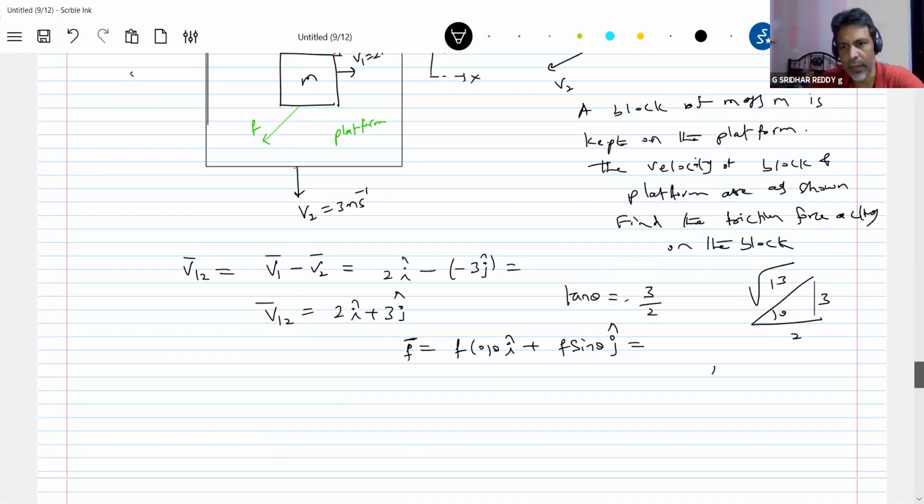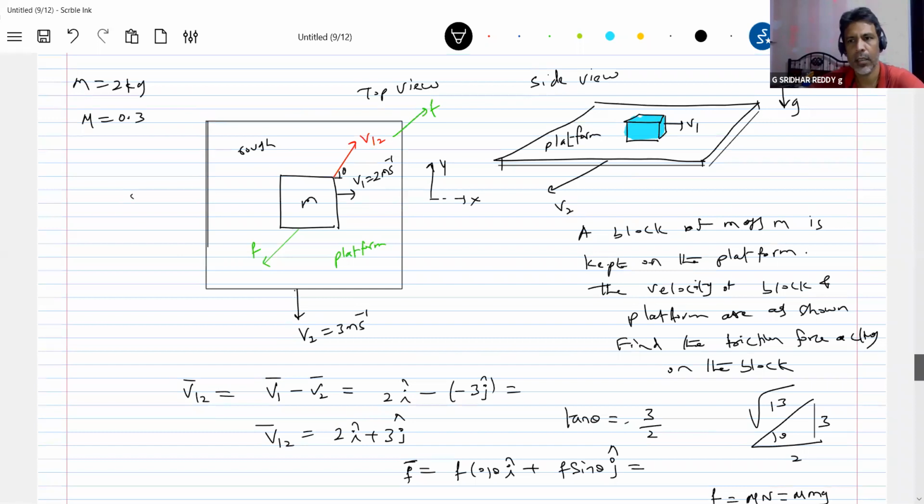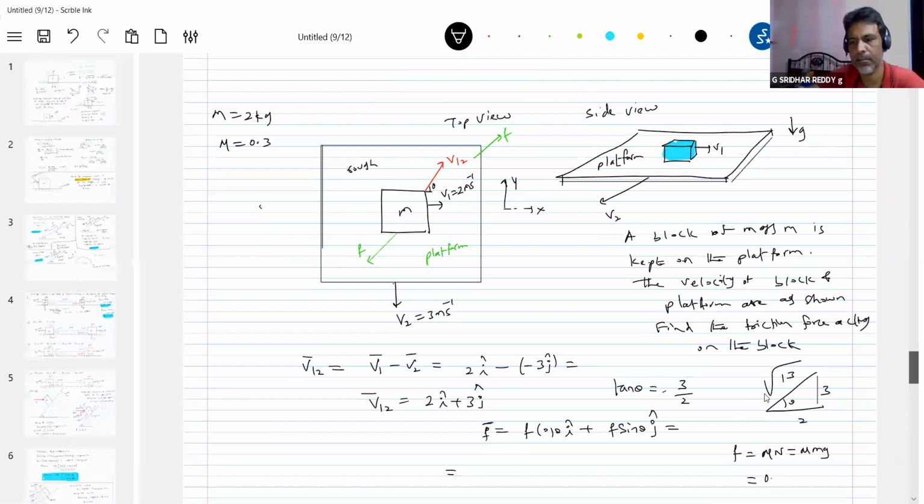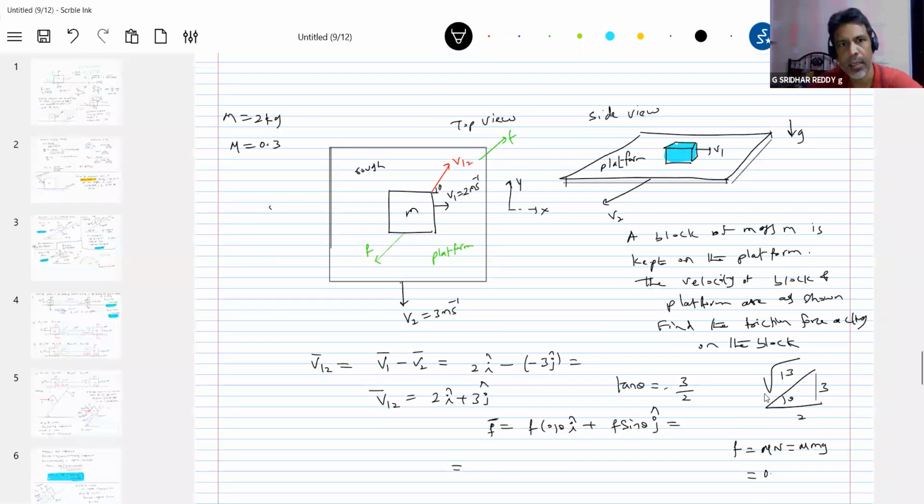And what is further F? F should be equal to mu N, which is mu mg. So like this, we'll get the expression for the friction. The value is how much? Mu is 0.3, m is 2, g is 10. So 6 Newton.